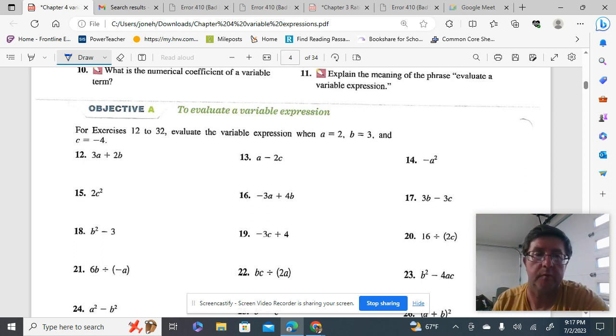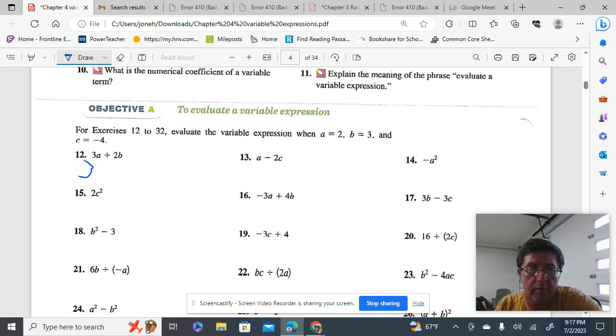Okay, so 12 to 32, we got a whole bunch of these. We're going to evaluate the variable expression when a equals 2, b equals 3, and c equals -4. So I'm just going to rewrite a couple of these for you.